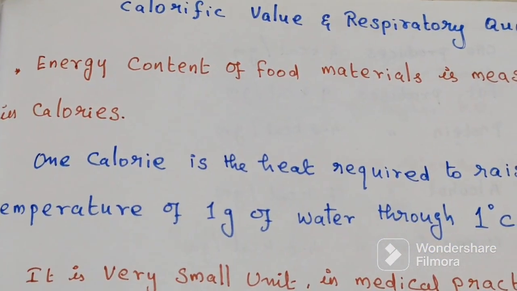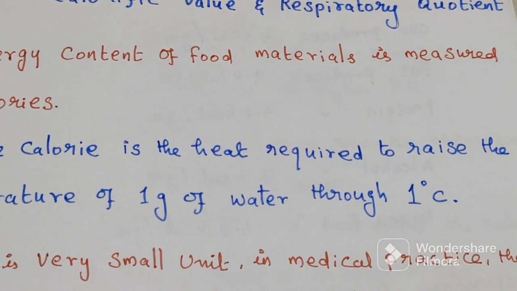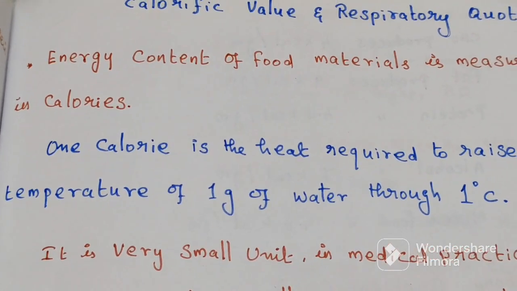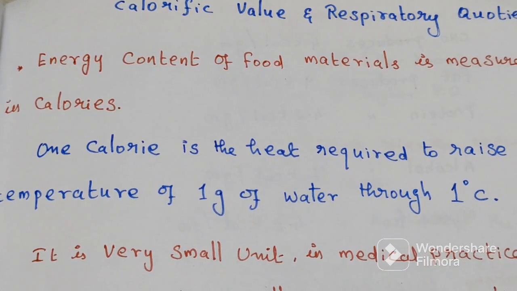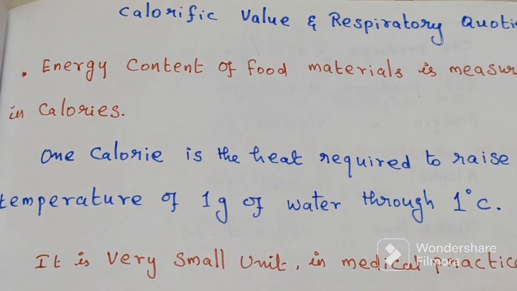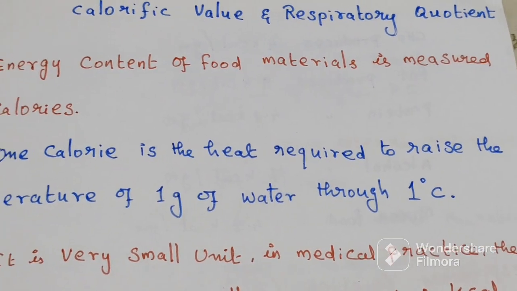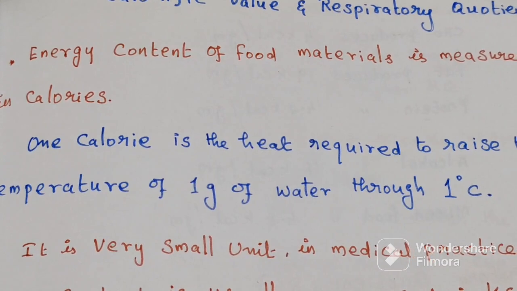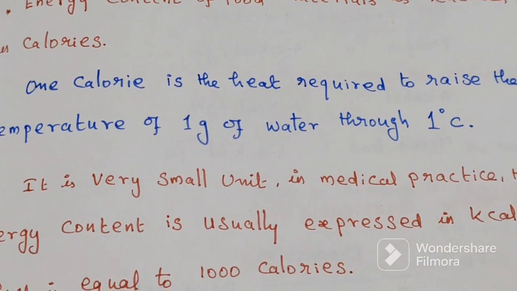One calorie is the heat required to raise the temperature of 1 gram of water through 1 degree centigrade.